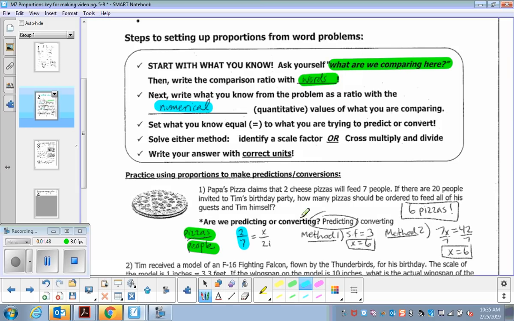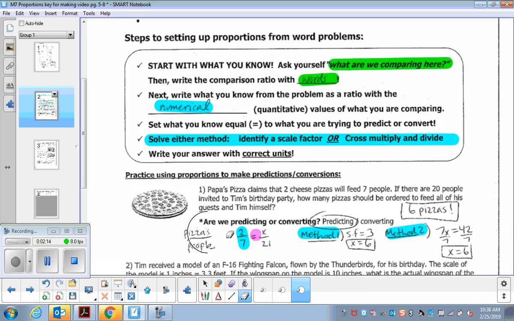Then you're going to be setting it equal to what you're trying to either predict or convert or make a generalization about. I want to remind you guys that when you're solving, you can either solve using method 1, which is to identify a scale factor, or you can solve by method 2, which is to cross multiply and divide. And so that's what we have up here in the process, that you're solving with either method. And then of course you have to write your answer with correct units.